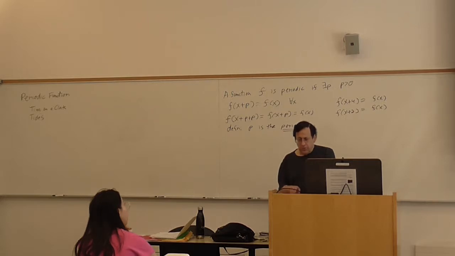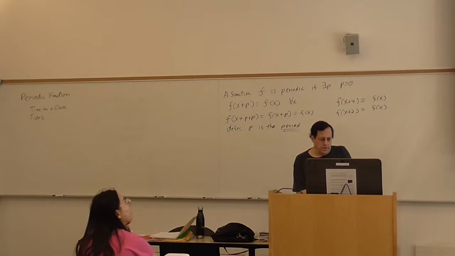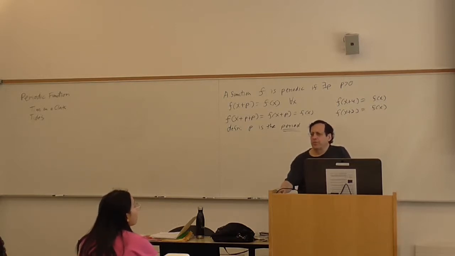If you deal with electronics at all, you're going to run into these guys. Square waves, triangle waves, or sawtooth waves. These are typically outputs you'll see from some piece of electronic equipment.